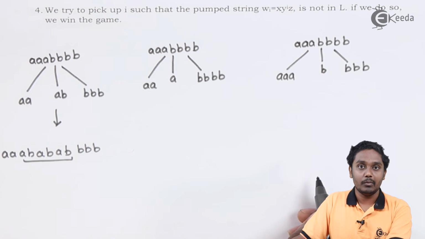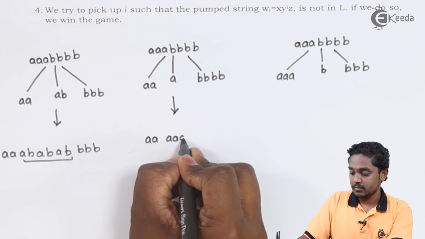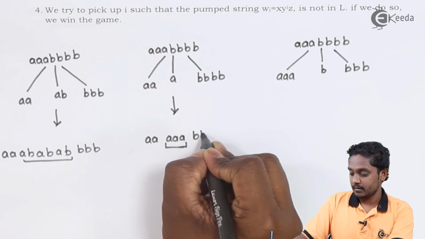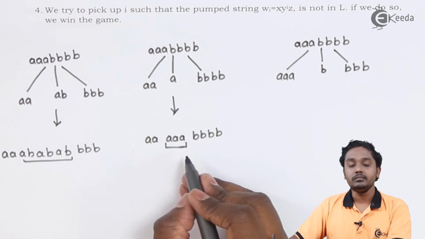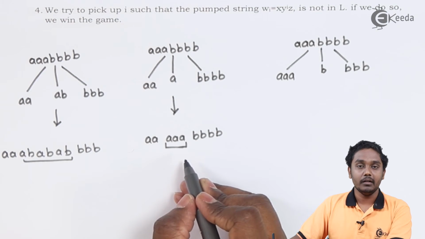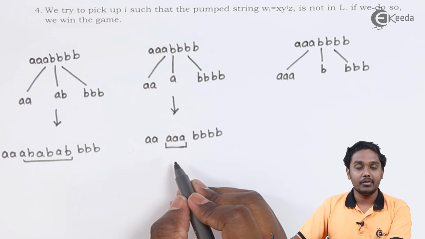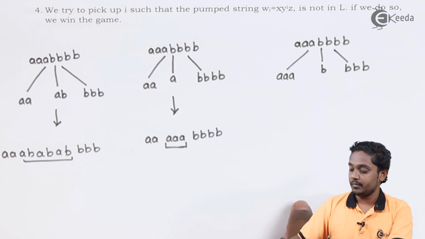Let us see the same on the second. Here we got a match. That means the string after pumping does belong to the language because it is in the form a to the power m, b to the power n, where m is greater than or equal to 0 as well as n is greater than or equal to 0.